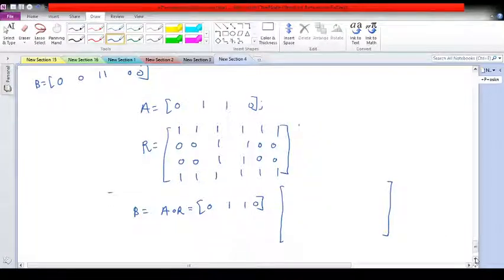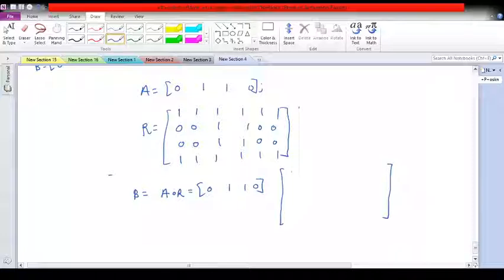So using max-min, let us write the first column: 1 0 0 1. So from that what will be B? The minimum is 0 0 0 0, then you select the maximum, which from all zeros is 0. Then the next column is 1 0 0 1, so it will also be the same. Then the third column is 1 1 1 1.